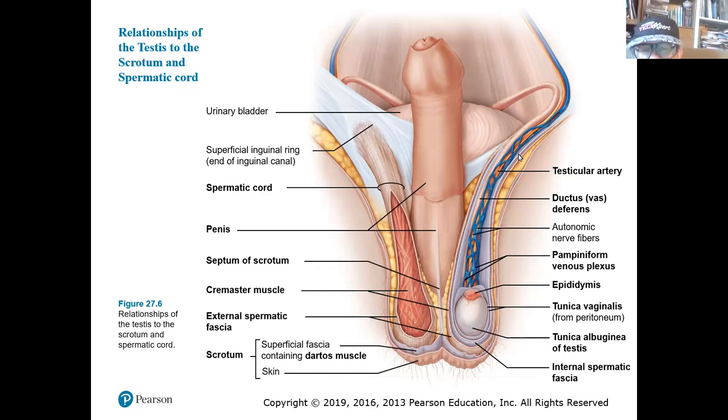Anyway, but this is special. This is magical. The pampiniform plexus, you have the testicular artery in the middle, and you have all these veins around the outside. What that means is that you have the artery going down through the middle, carrying blood to the testicle.